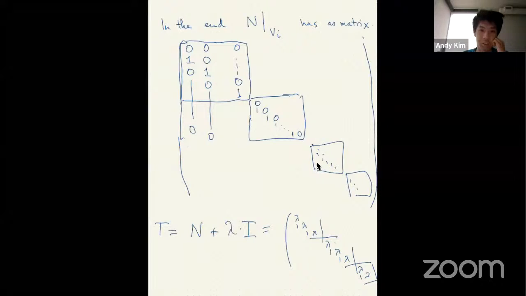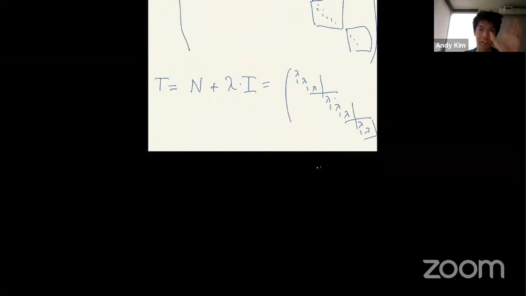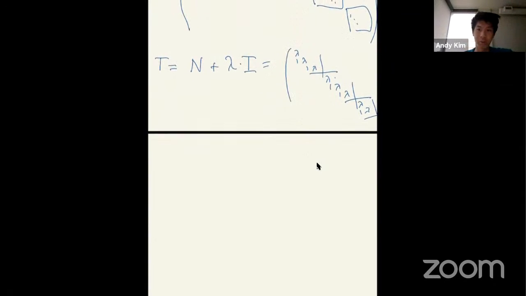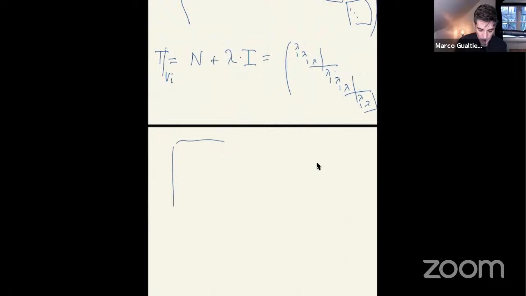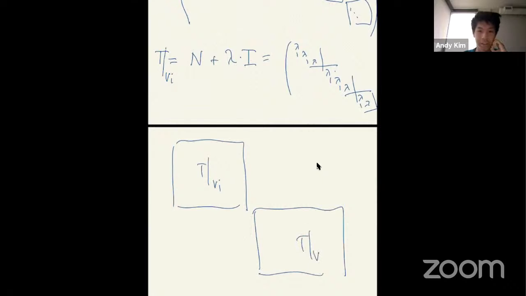Yeah. So this matrix would also be T restricted to V_i, and then we would stack those. That's right. This would be T restricted to V_i, correct. And then we would get the Jordan form as before, V1, like the full Jordan form, V2, with all the eigenvalues. Yeah, that's right. Okay.